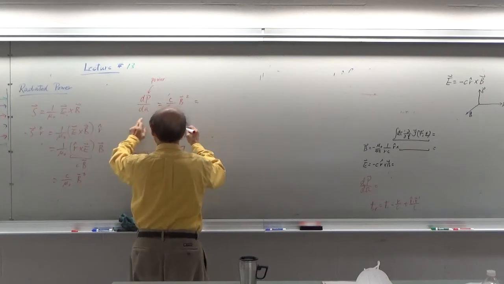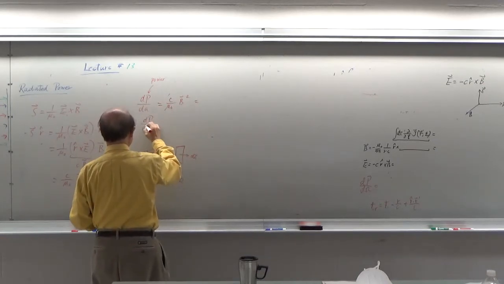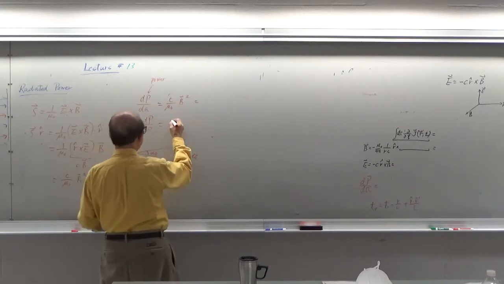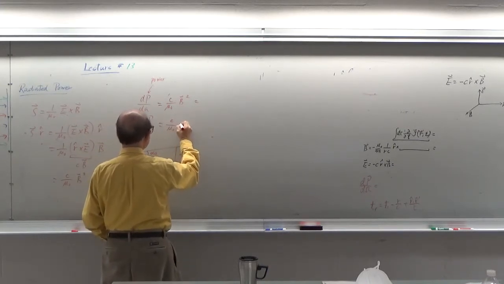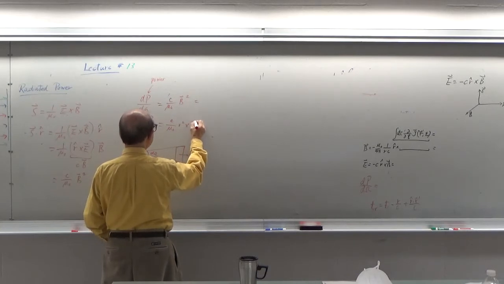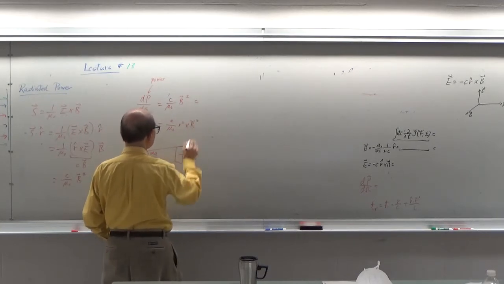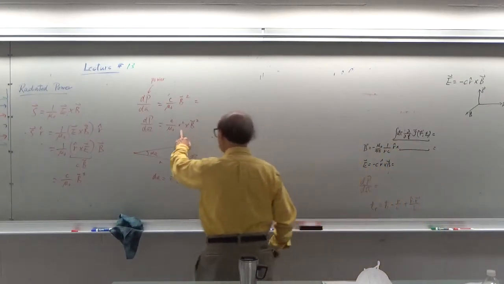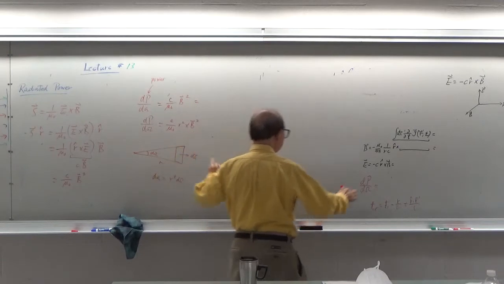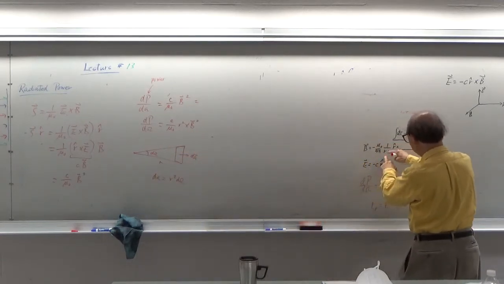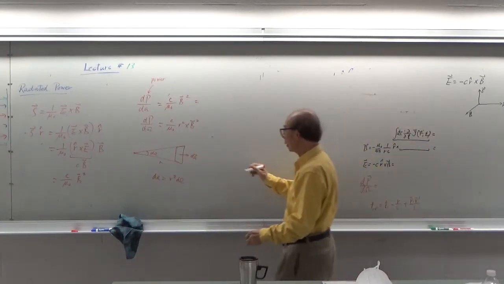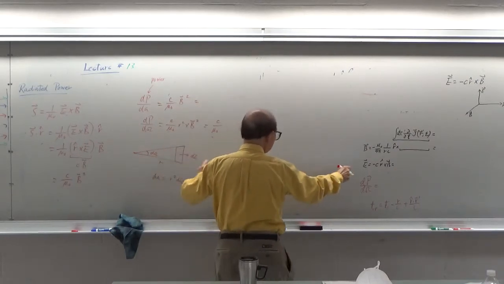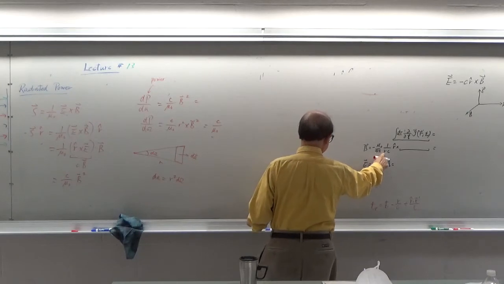So what I have is the following: dP d omega would be r squared times B squared. And you notice that that's a good thing to do, because this r squared will cancel the 1 over r in B, and the whole thing is B squared. So this would give me C over mu naught, with B given here. Cancel this now.